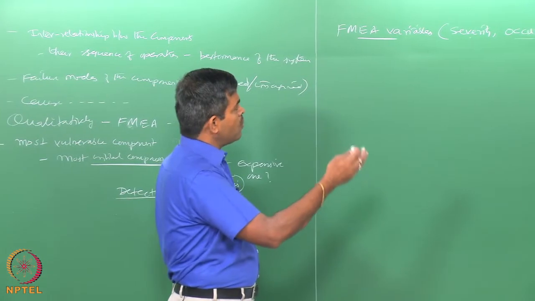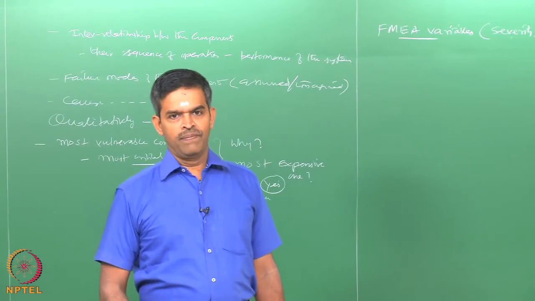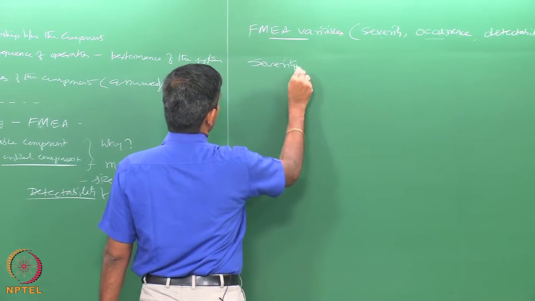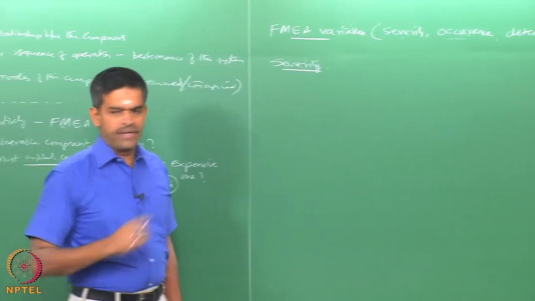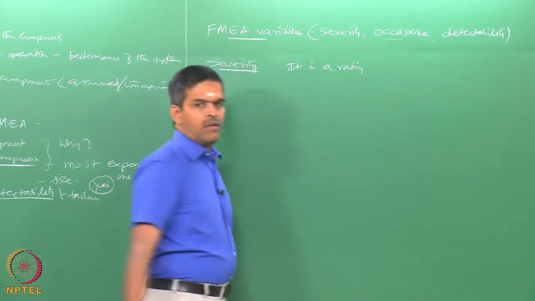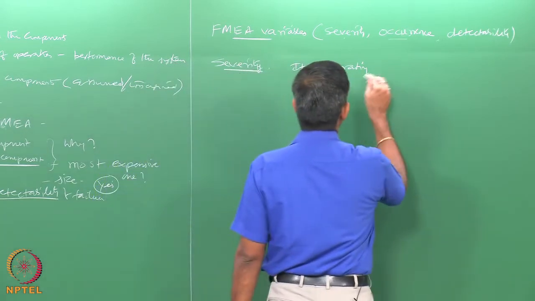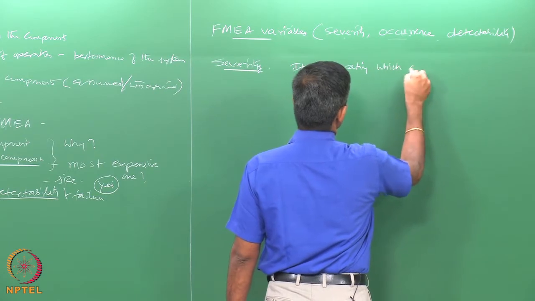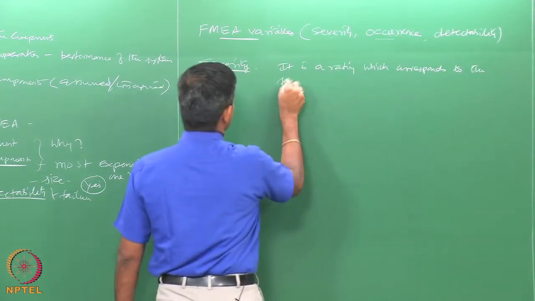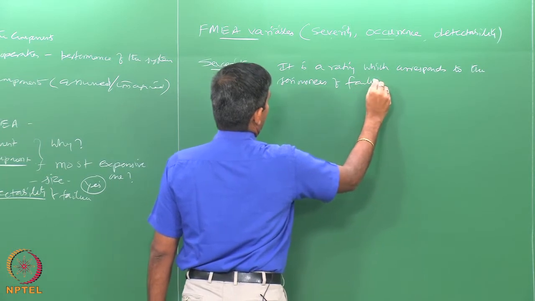Therefore, we are now going to include the three variables in the whole analysis and see how I can quantify them. So, what is severity? Severity actually is a rating which corresponds to the seriousness of an effect of a potential failure.